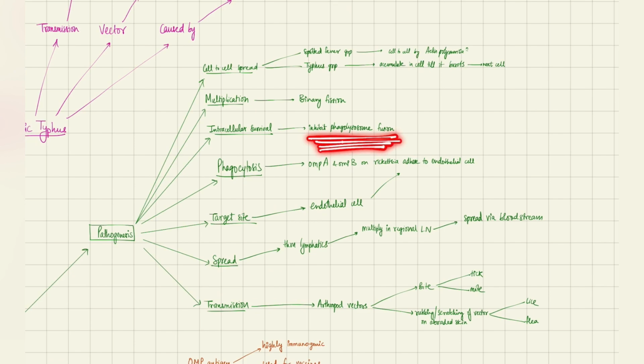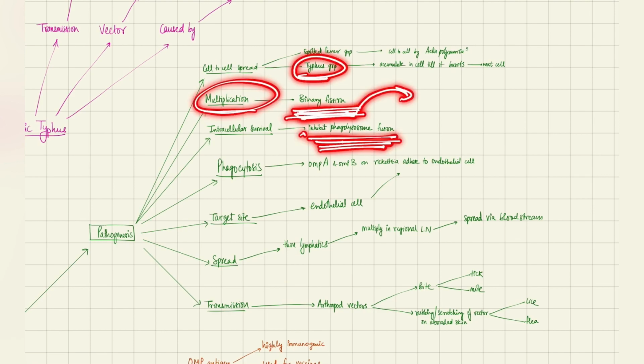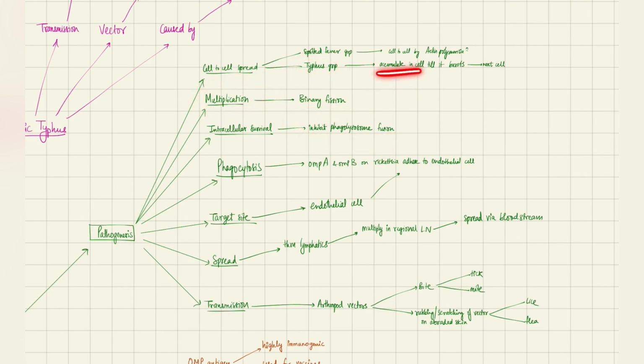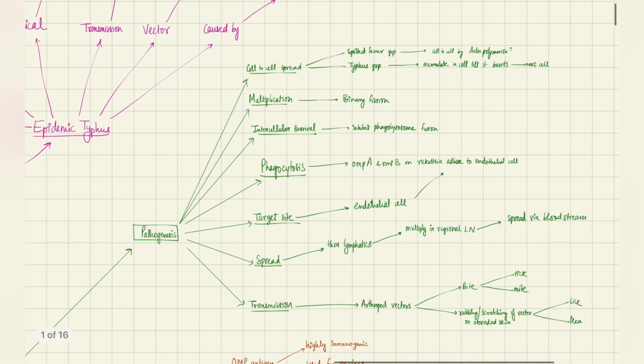After that, the bacteria can multiply endlessly via binary fission, until they have to spread to the next cell, which in the typhus group is via accumulation and then bursting, and in the spotted fever group by actin polymerization. So this is the pathogenesis. You can take a look.